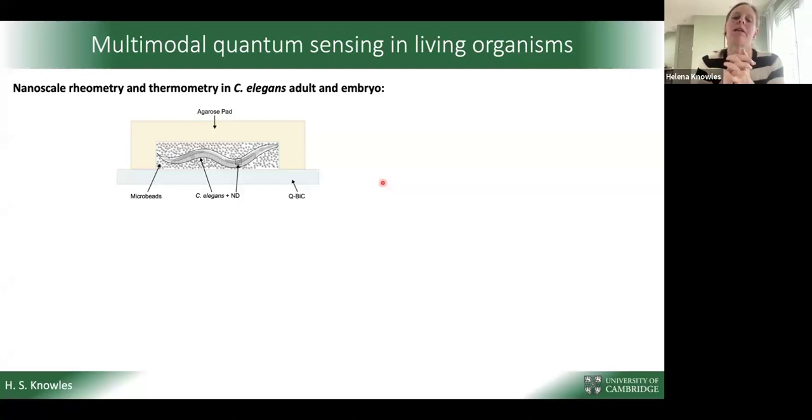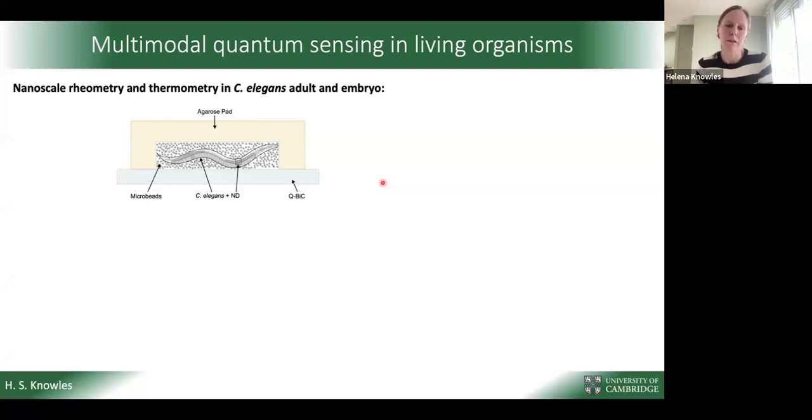So what we need to do is somehow immobilize them. There are chemical ways of immobilizing these worms, but we've decided to go for a mechanical way, so that we are as little invasive as we possibly can, because we don't know what other effects the chemical immobilization might have on the metabolism of this worm.